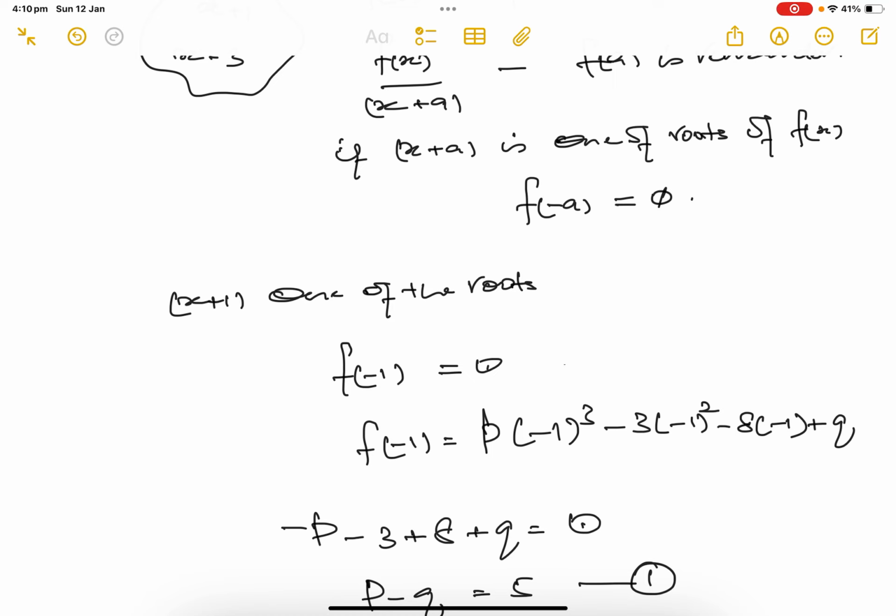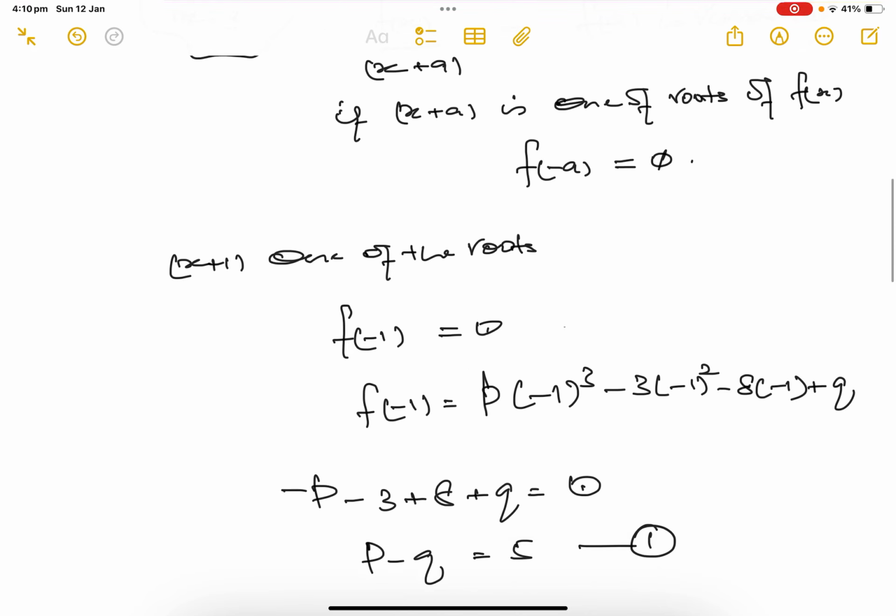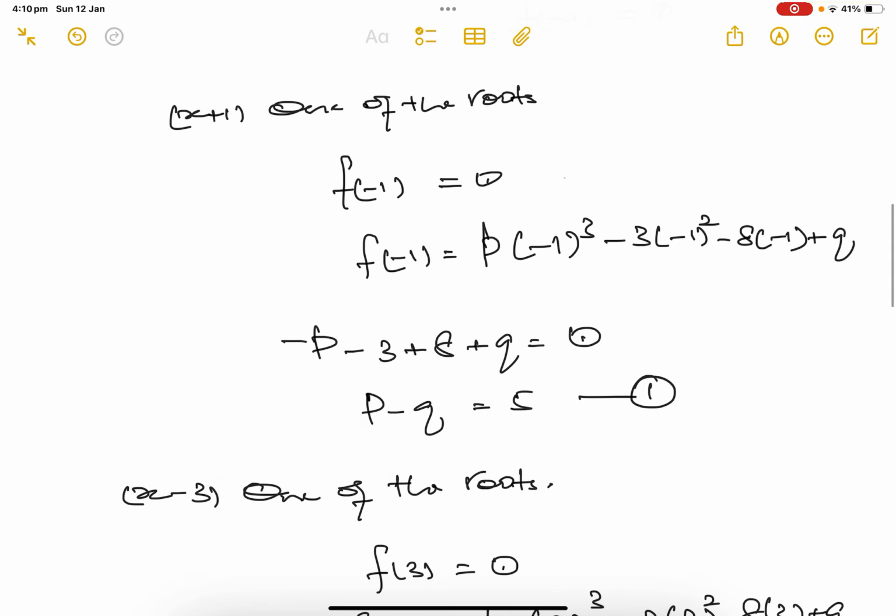So we substitute minus 1 for x. f(minus 1) on the left hand side is p times minus 1 cubed minus 3 times minus 1 squared minus 8 times minus 1 plus q. We said that f(minus 1) is 0, therefore I write the right hand side on the left.